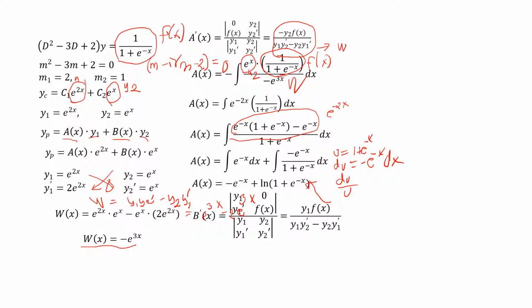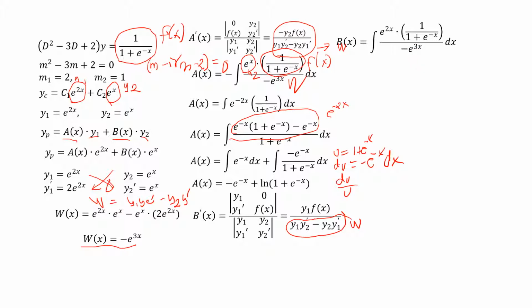Your b of x is, remember this formula now, b prime is y1 f of x over the Wronskian W. Plugging in, your y1 is e to the 2x, this is your f of x here, and this is your Wronskian.